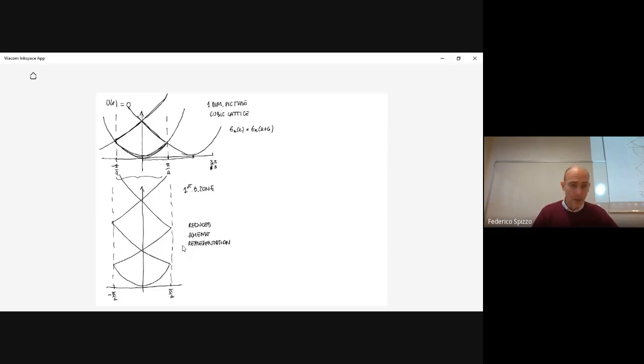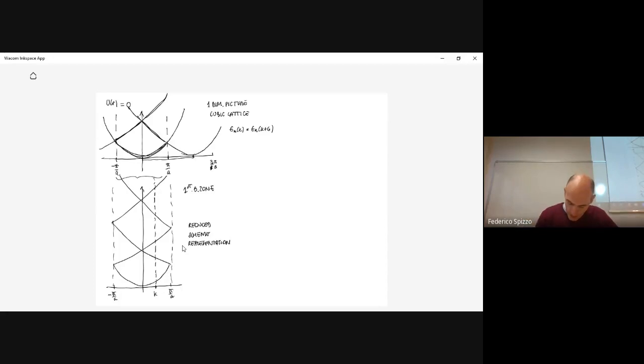And in this picture, we are also able to appreciate the effect of the second index of the electronic wave function, so index n, because if you pick up one value of k on the horizontal axis, on the wave vector axis, then what you find along the vertical direction with respect to k is that you have many different intersections between that vertical axis, let's say, and the branches that you have in the first zone.